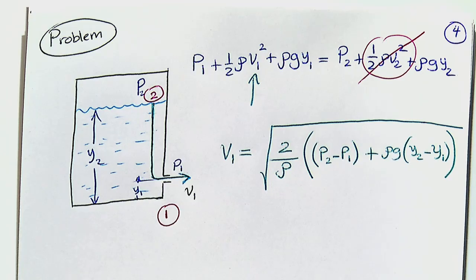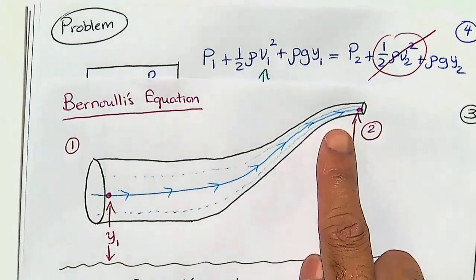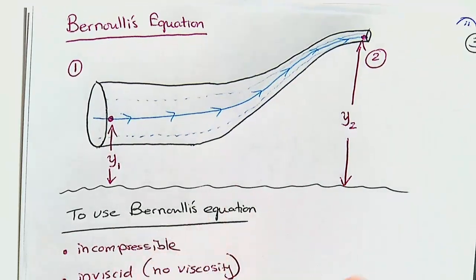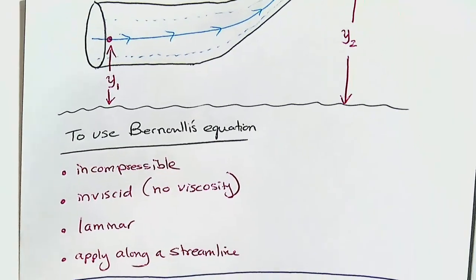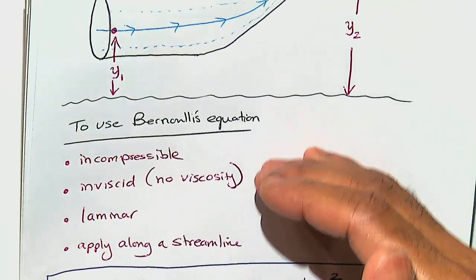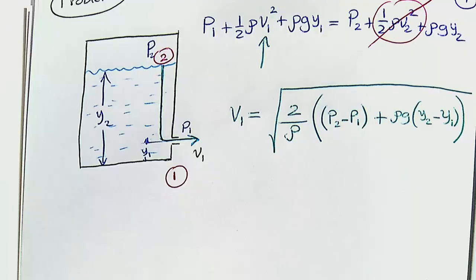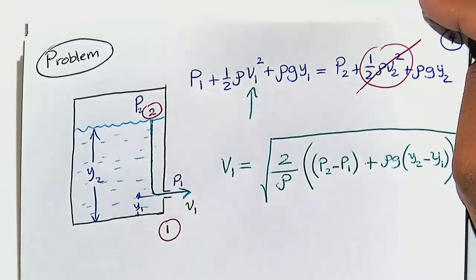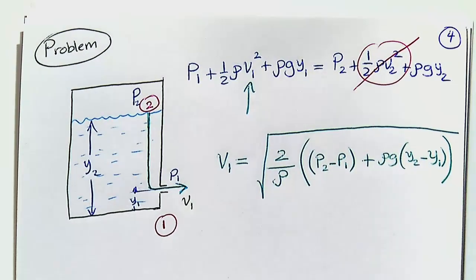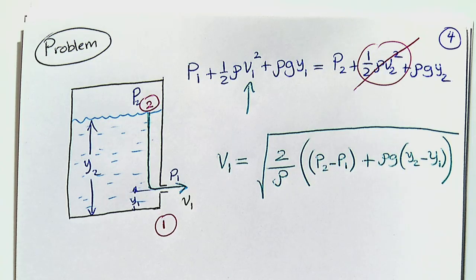However, it is useful in the sense that you see how things work, right? You see the effects of the height changing, you see the effects of the pressures changing, so you get a rough idea of how flow behaves. So long as you have these restrictions, you can use it, but be really, really careful that you're not just applying Bernoulli's equation to random scenarios that don't meet the caveats.